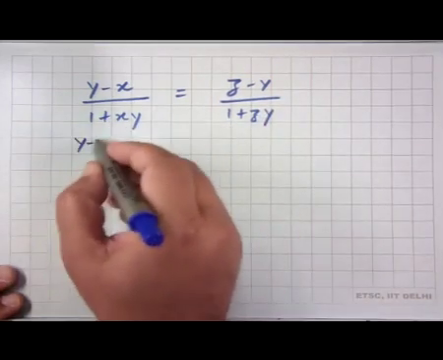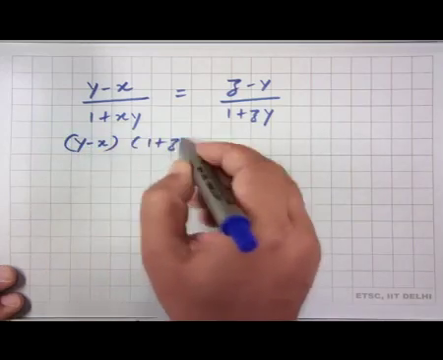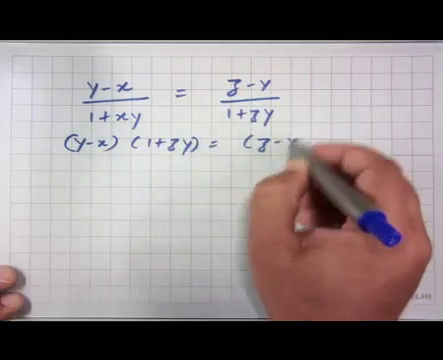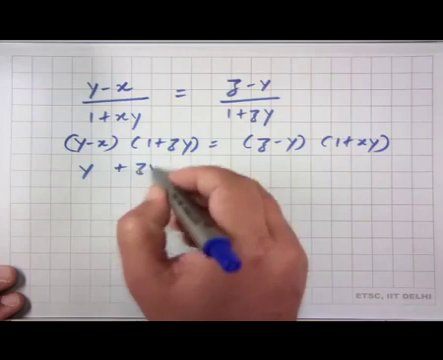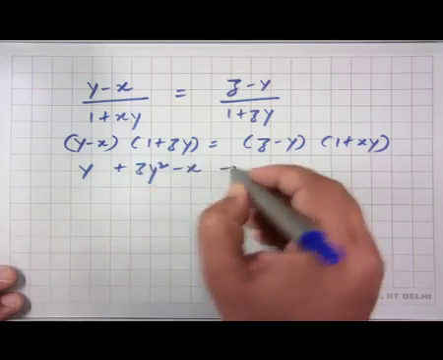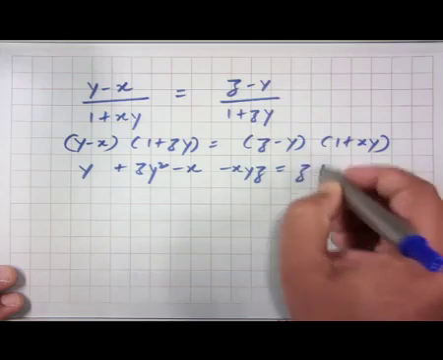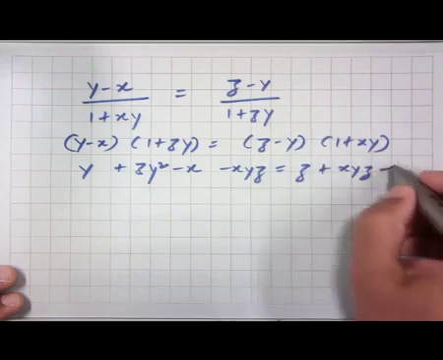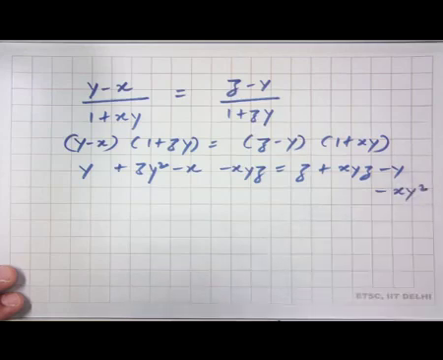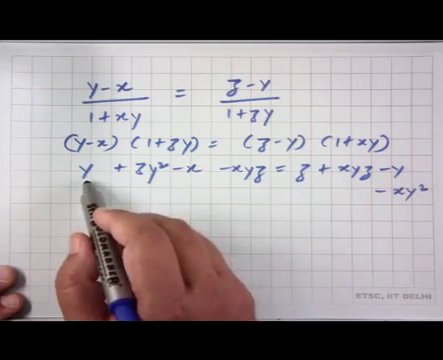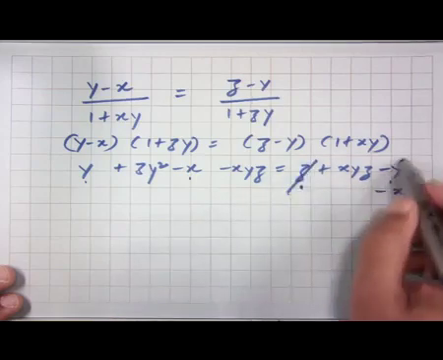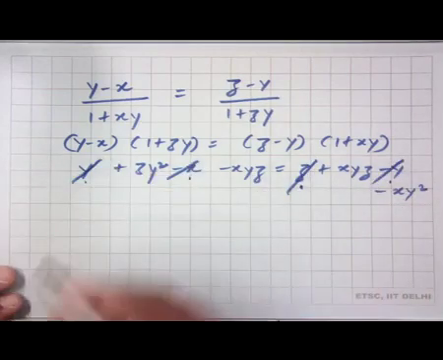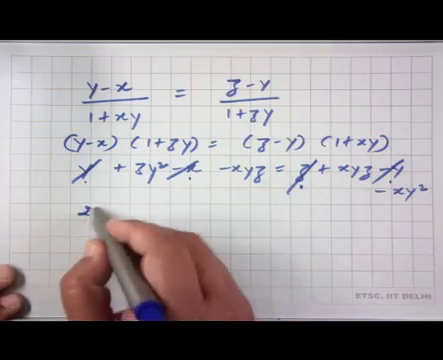further simplification gives us that (y minus x) into (1 plus z y) is (z minus y) into (1 plus x y), and then y plus z y square minus x y z is z plus x y z minus y minus x y square. Now, we know that because x, y and z are in arithmetic progression, y minus x is equal to z minus y, and therefore, these 4 terms cancel out, and then what we get is 2x y z.